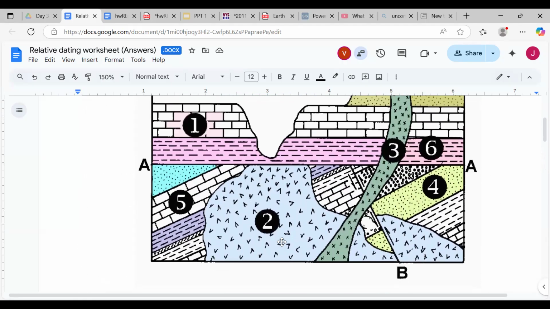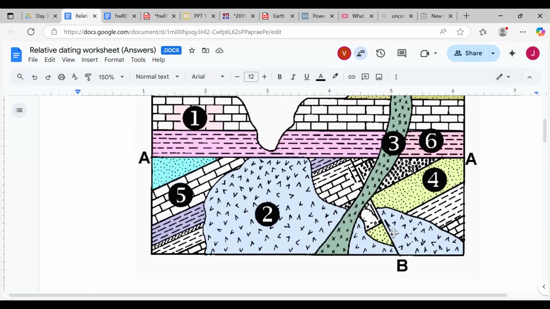All right. So fault B, as we learned, is when we have rocks that look as though they're split up. We see one green side of the rock here and another one here. So this is a fault. And which is older? We have to ask ourselves a question.